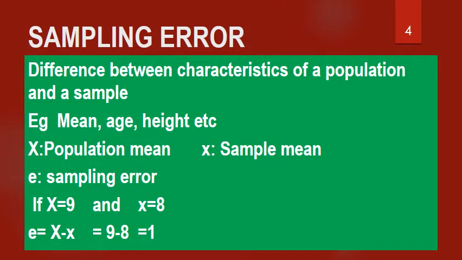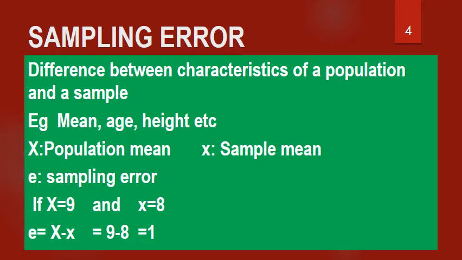There is this term which is called the sampling error. It is the difference between the characteristics of a population and a sample. Because a sample is picked from a population, the data we will get from the sample will not necessarily be the same as the data for the population.